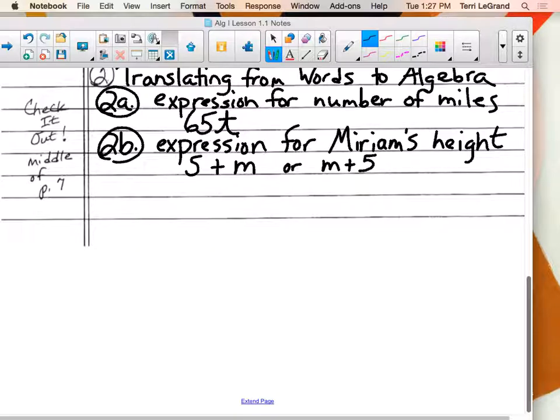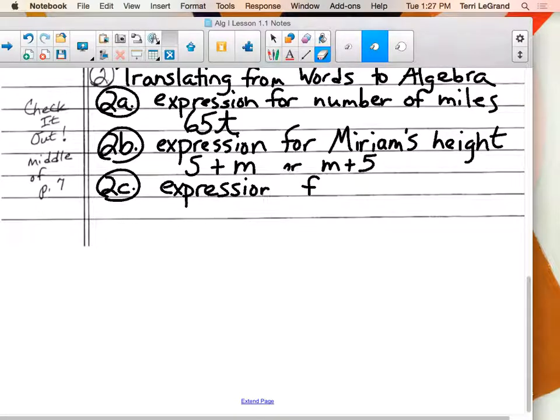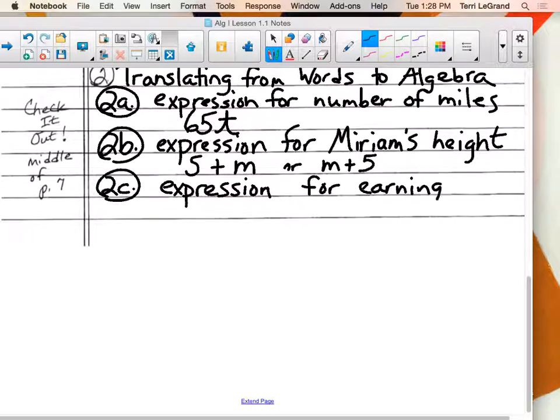Okay. 2C. Elaine earns $32 per day. Write an expression for the amount that she earns in D days. So 2C, we're writing an expression for earnings. Well, we know how much she makes per day. We happen to know that something's going to represent days.